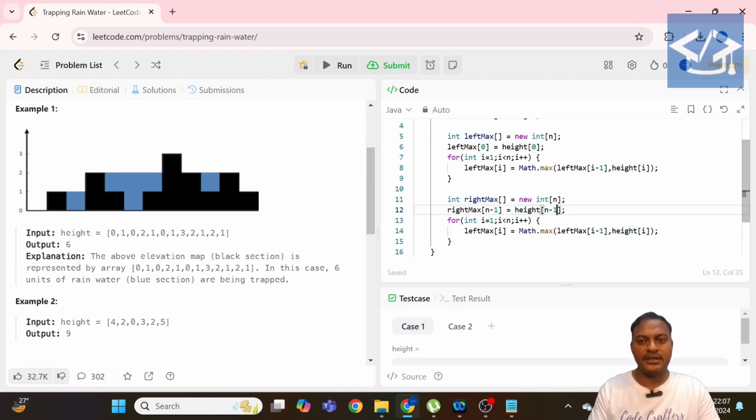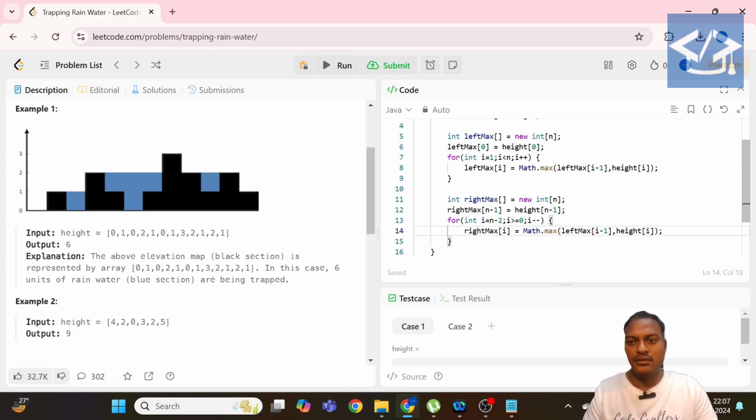We start from n minus 2 while i is greater than or equal to 0, i minus minus. RightMax of i will be the max of rightMax of i plus 1 and the height of i. With this we have both right max and left max.